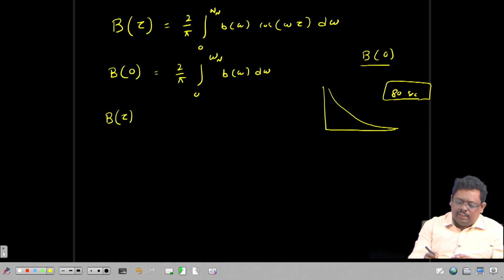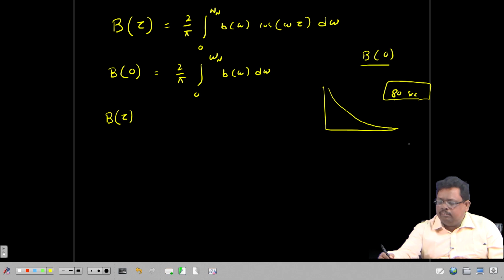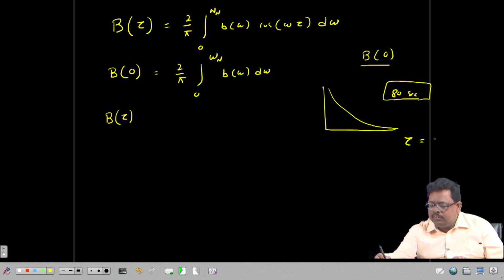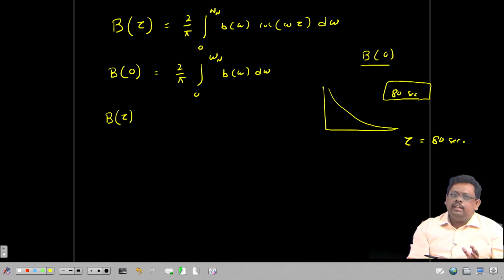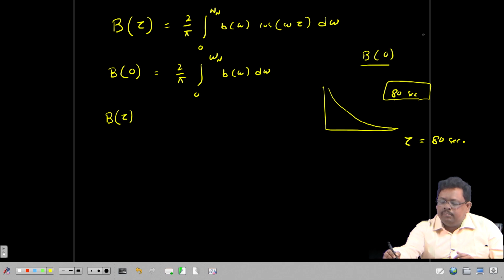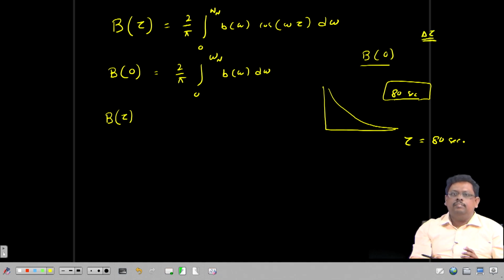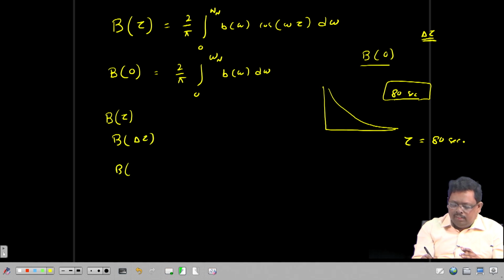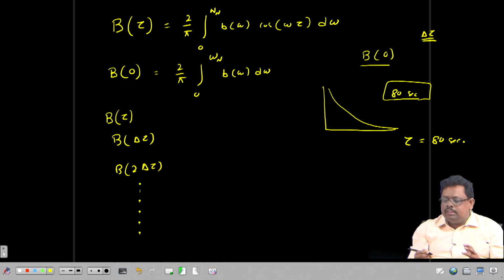So I understand that tau should be within 80 seconds. Then the second question comes: what should be my delta tau, because this is something we really need to decide. The first value is b 0, the next step should be b of delta tau, then b of 2 into delta tau and so on, right. From here we need to find out how many steps make tau equal to 80 seconds, depending on your delta tau. This is also very easy: some m into delta tau should be 80 seconds.